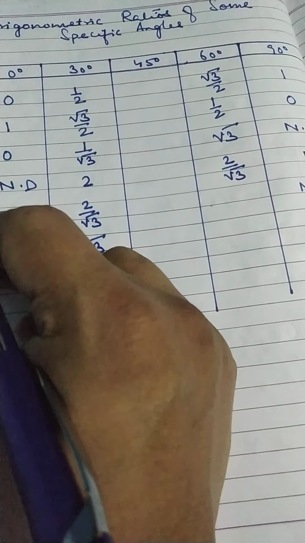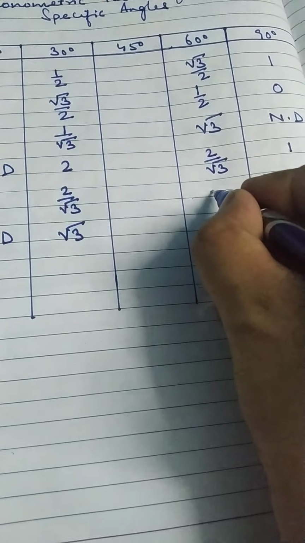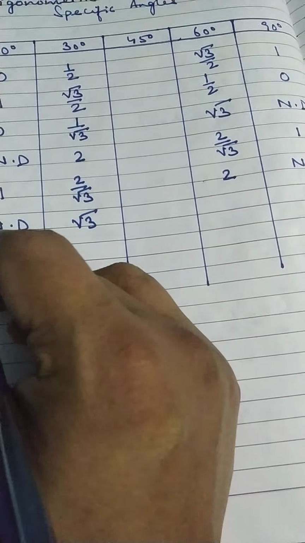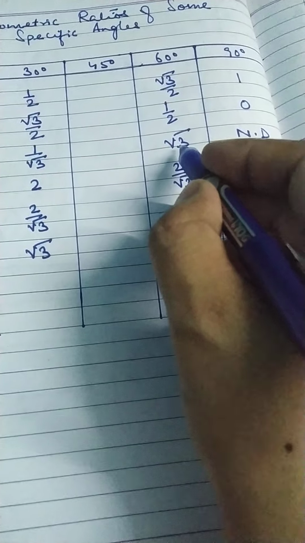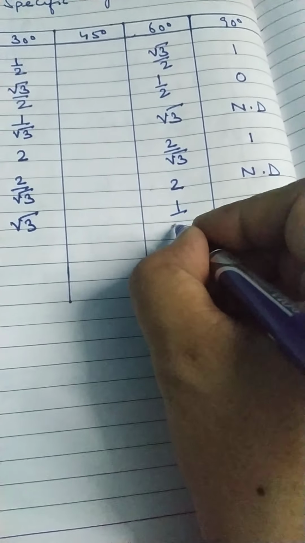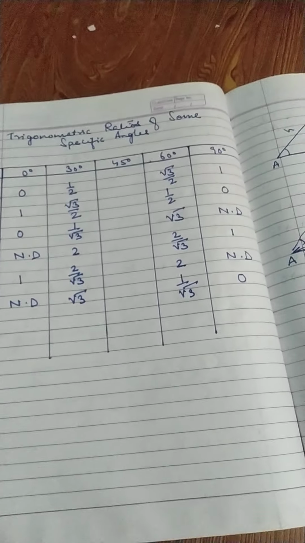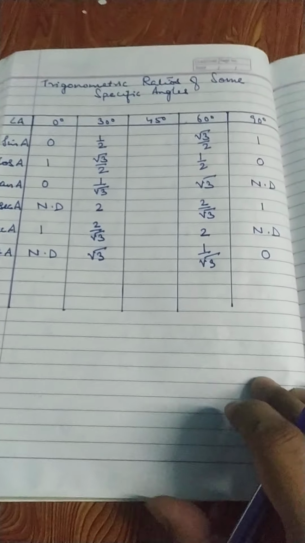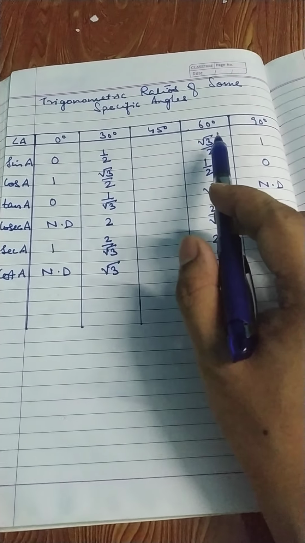And similarly sec 60 will be the reciprocal of 1 by 2, which is 2, and cot 60 will be the reciprocal of tan, so tan is root 3, so it will be 1 by root 3. So we have derived the trigonometric ratios for 60 degree.